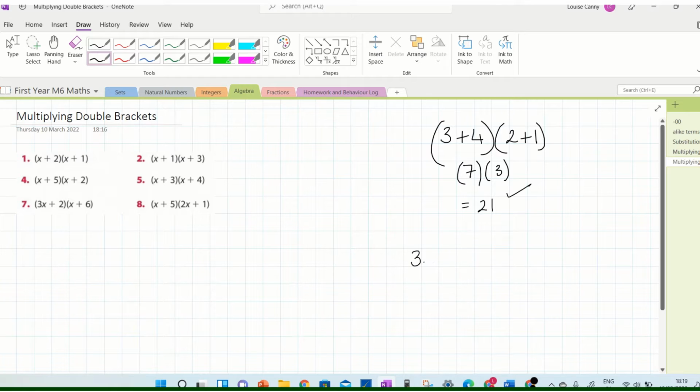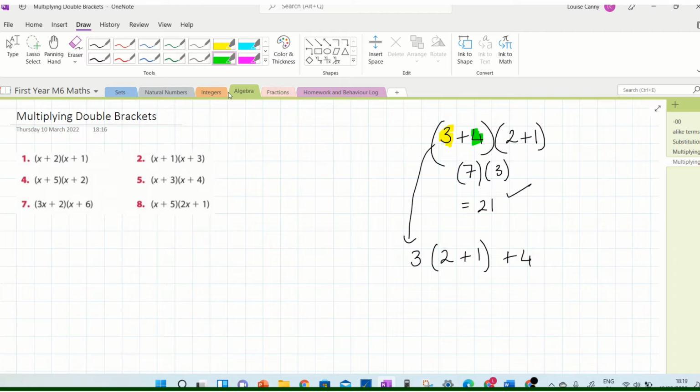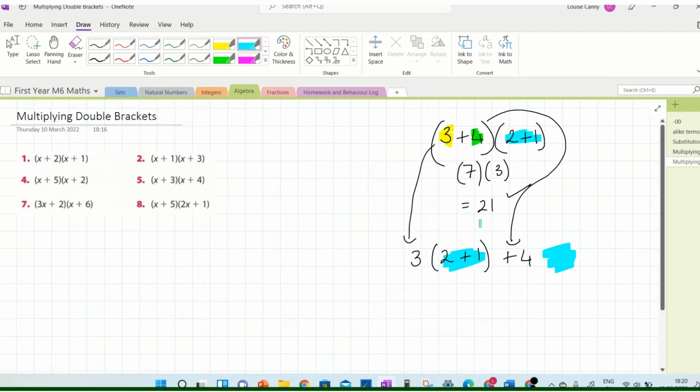So let's take the 3 from the first bracket and we're going to multiply it by the whole second bracket. And then let's take the plus 4 from the first bracket, and we're going to take this 4 all the way down here, and then we use the 2 plus 1 in again here as well.